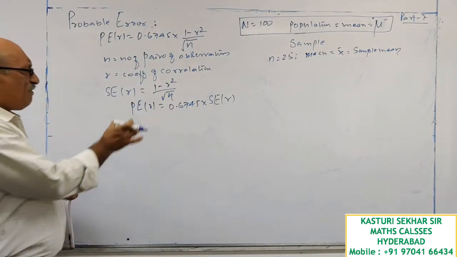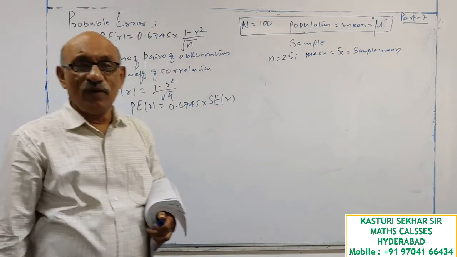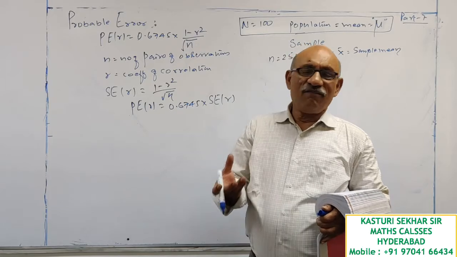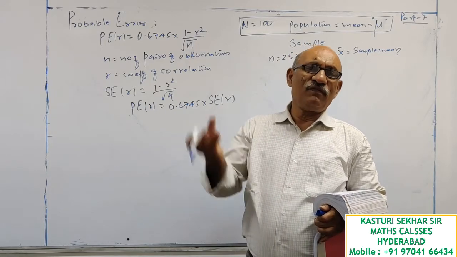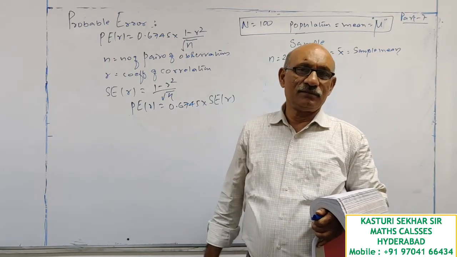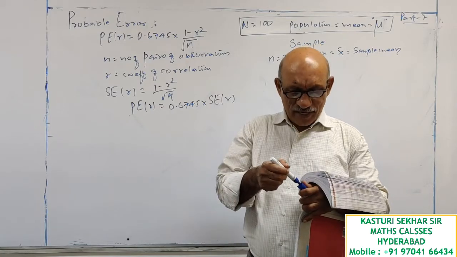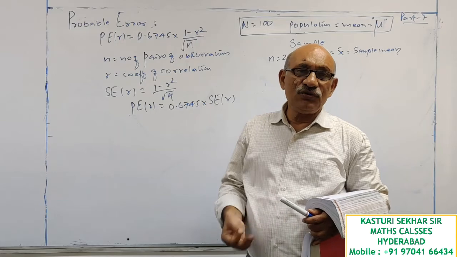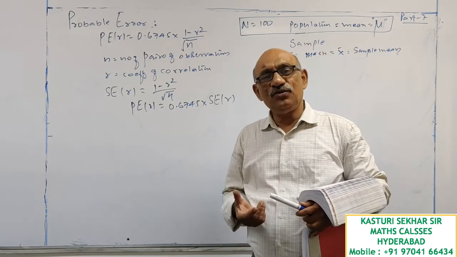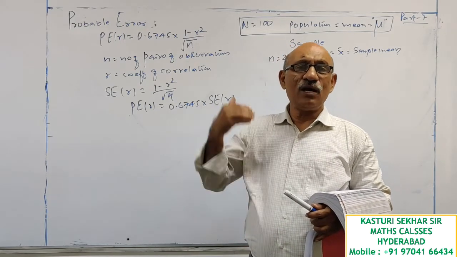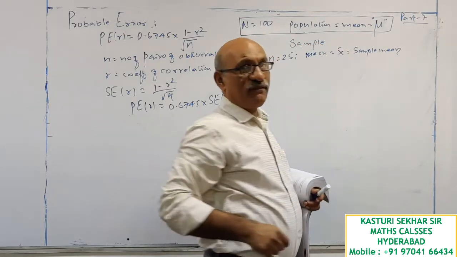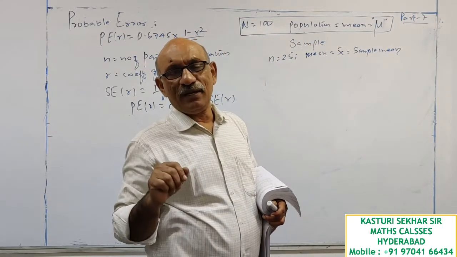Okay. So the value of probable error has one more advantage. It is used to find the value of correlation coefficient for the entire population. It is used to calculate the limits for the whole population. As I told you, there is a difference between population and sample.